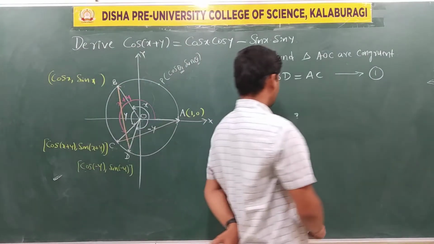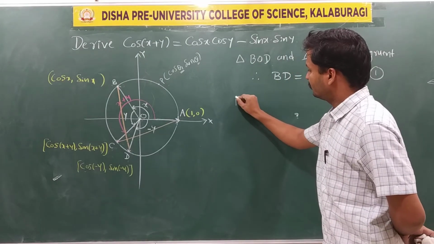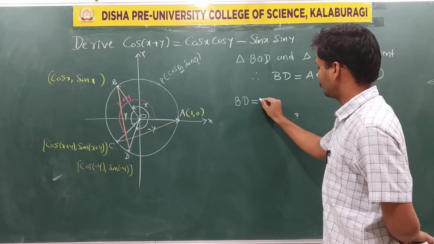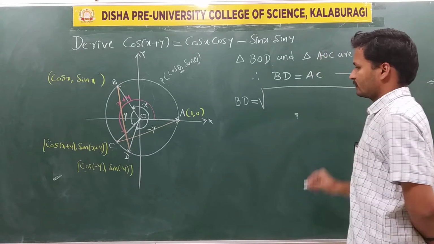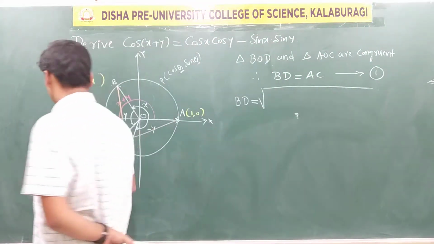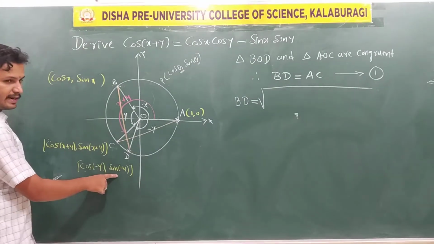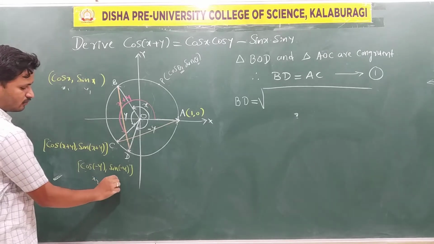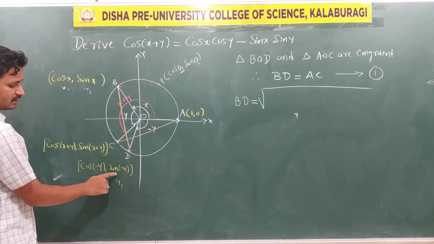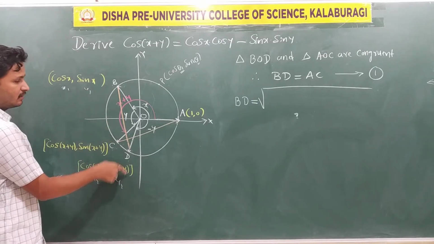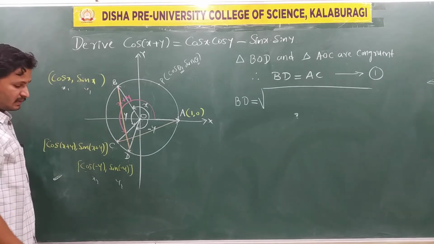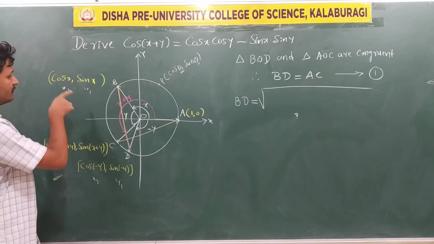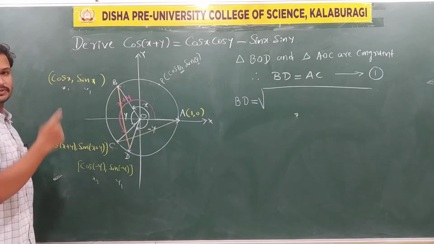So the BD distance is equal to the square root of y2 minus y1, that is sine of minus y minus sine x, whole square, plus x2 minus x1, that is cos of minus y minus cos x, whole square.